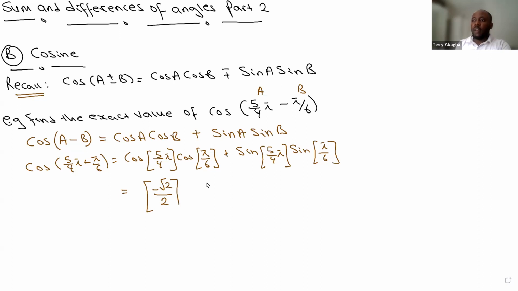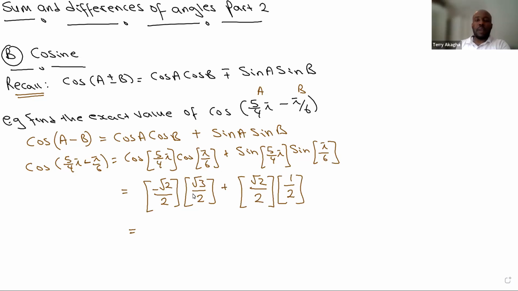Cos pi/6 gives root 3 over 2, plus sine 5/4 pi gives root 2 over 2, and sine pi/6 gives 1 over 2.